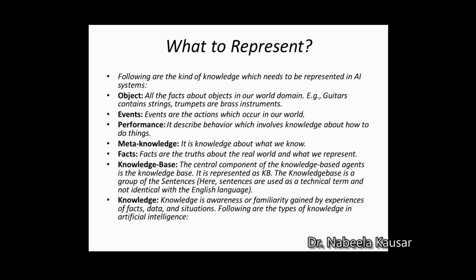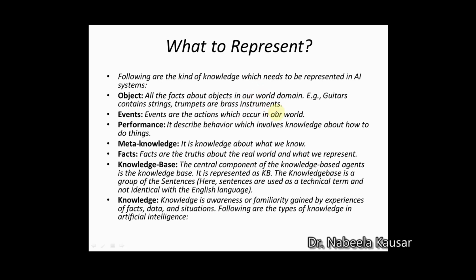Now, what to represent as knowledge? The following kinds of knowledge can be represented. First is objects. All the facts about the objects in a real world domain can be presented as knowledge. For example, guitar contains the strings. Trumpets are brass instruments.